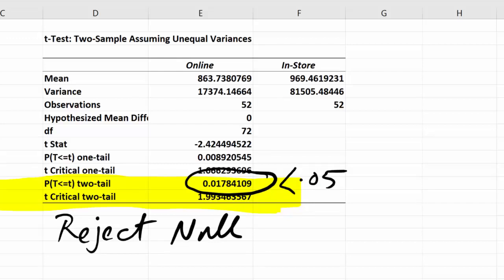So now that I know that they're different, I want to know what is the expected difference between online versus the store sales. So now I can go ahead and use the same output to develop the confidence interval for the difference that exists between the two channels of sales.